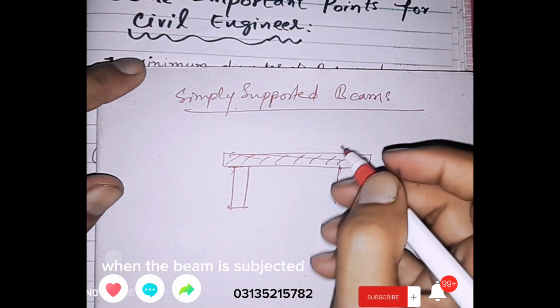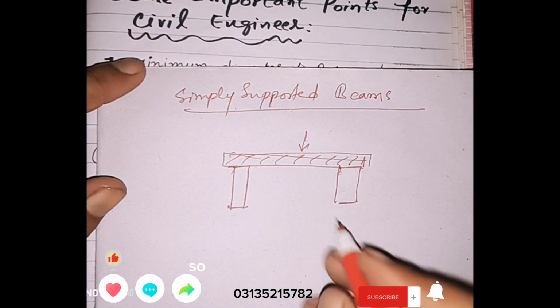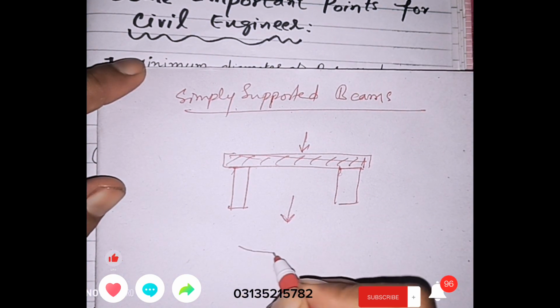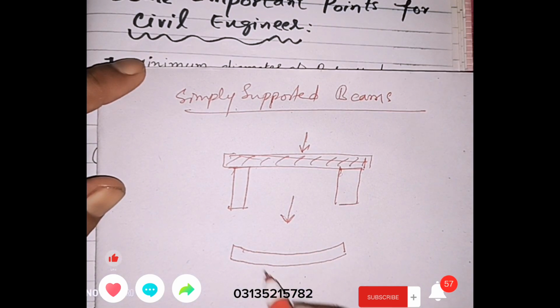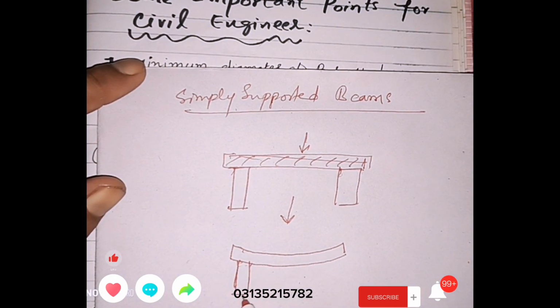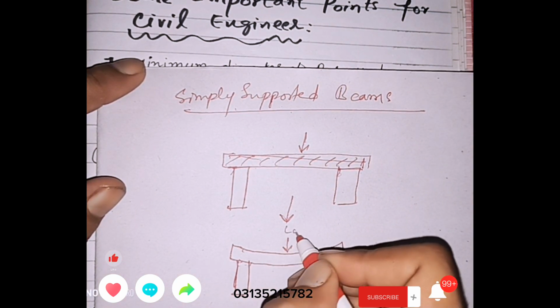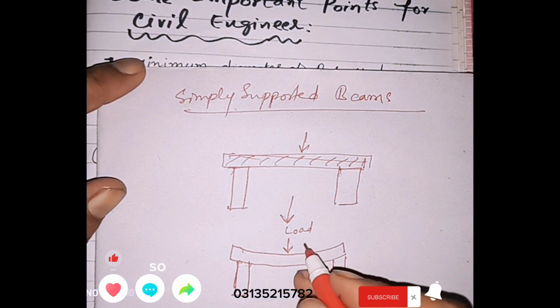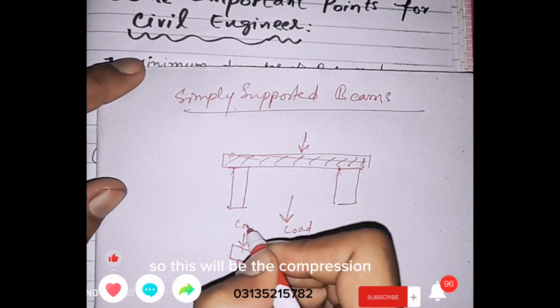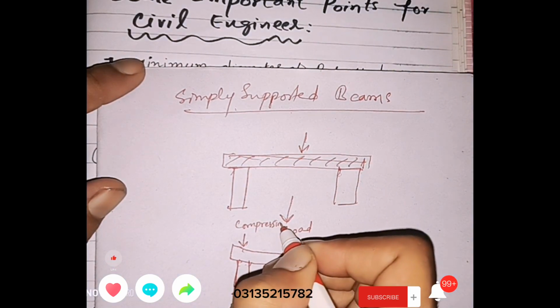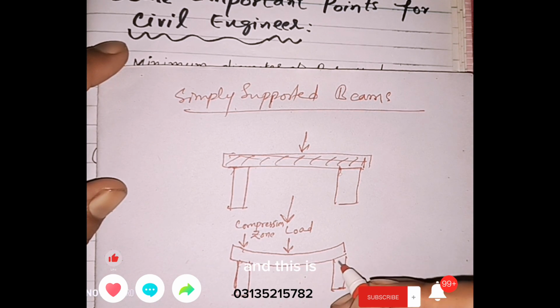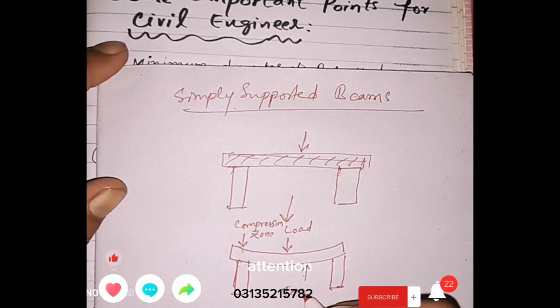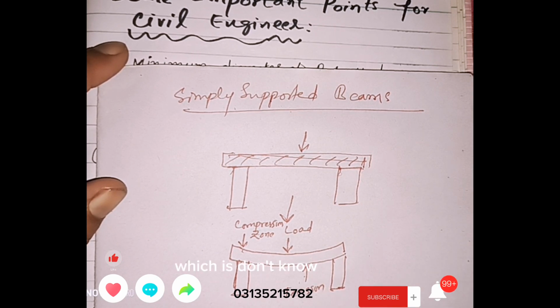When the beam is subjected to the action of load, it becomes just like this. When the load is applied, this will be the compression zone, which is in the upward direction, and this is the tension, which is in the downward direction.